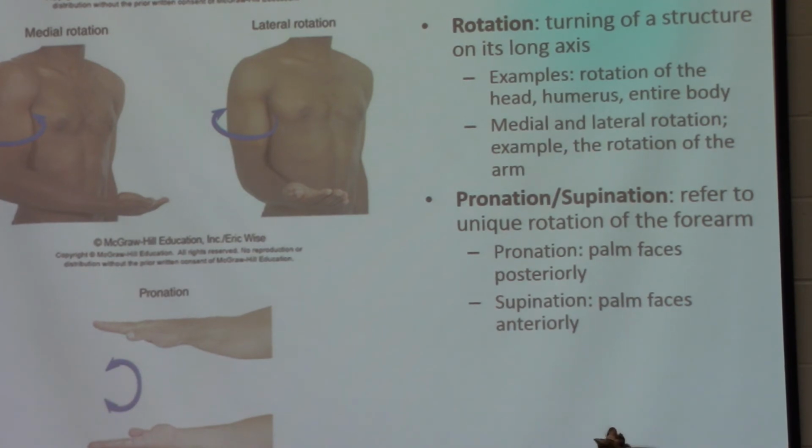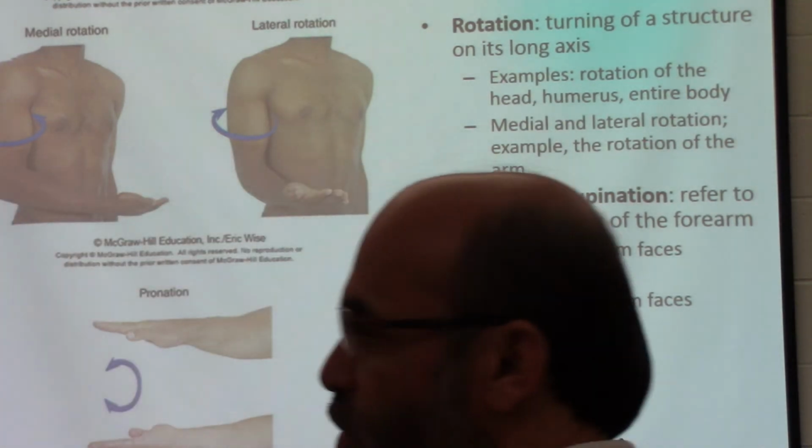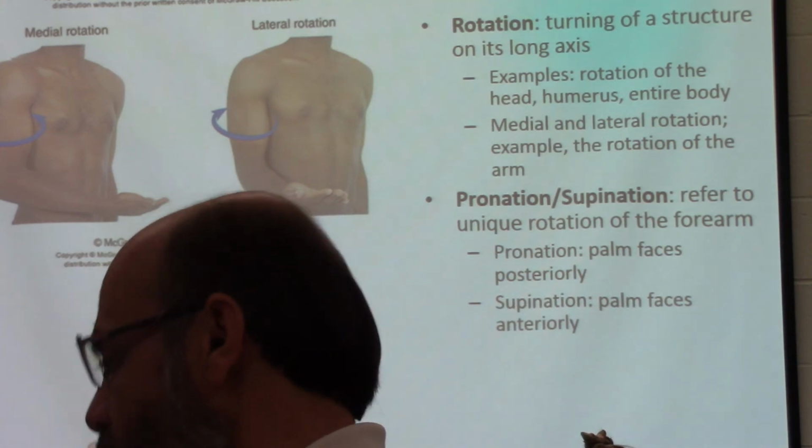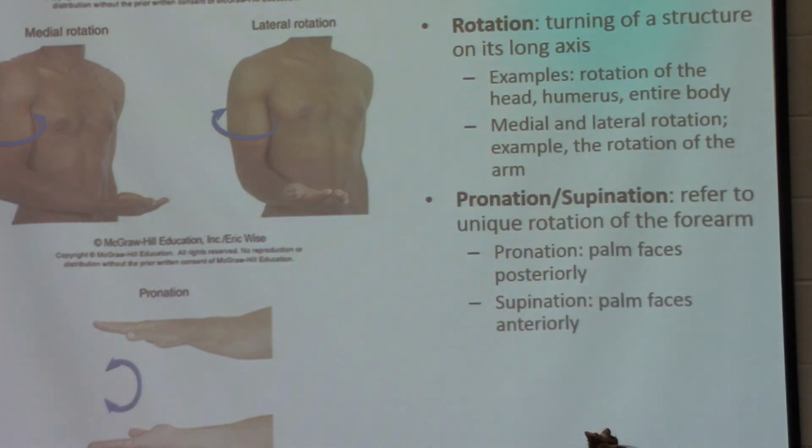For example, this is the supination position, which is the anatomical position. When you move this arm towards backward, from here, if you move it backward like that, that is the pronation. When you move it back towards the front, that is called supination position.